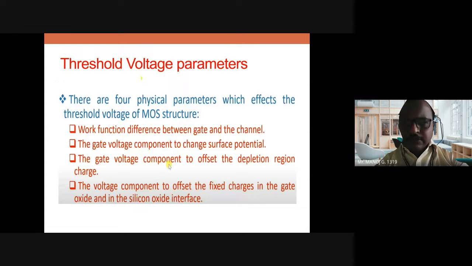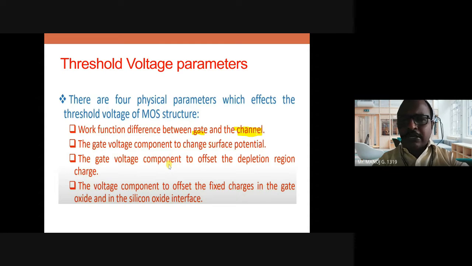The first and foremost parameter is the work function difference between the gate and channel. This is a differential value of work function, given by phi. It is between the metal and the channel region. Between the metal and the channel region, there is a work function energy which is required. This is the first parameter.